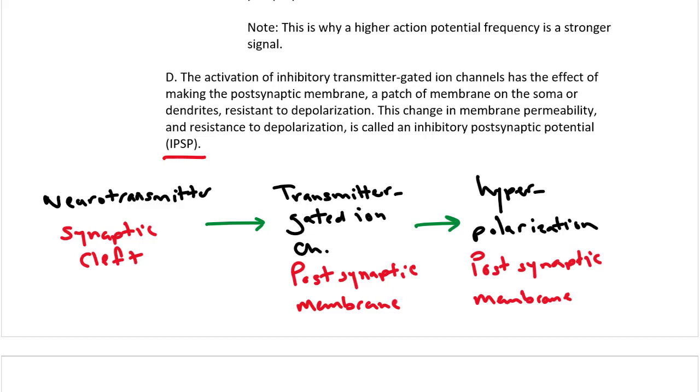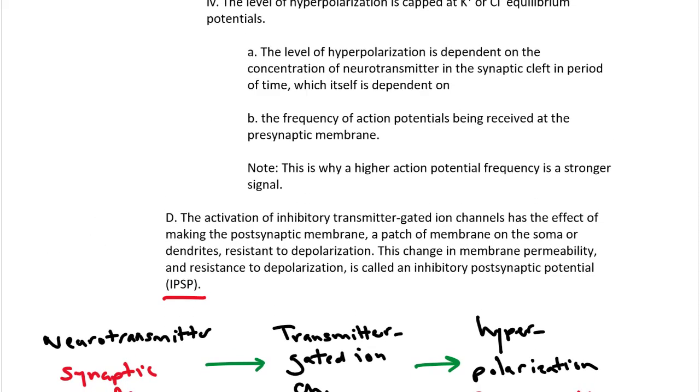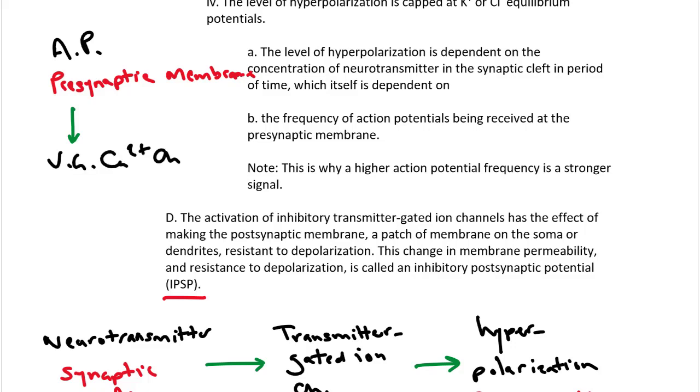If we again do the same thing we did before, we can say that an action potential is received, and this is at the presynaptic membrane, and this leads to the voltage-gated calcium channels being activated, and again, these are at the presynaptic membrane too, and this leads to release of neurotransmitter into the synaptic cleft.